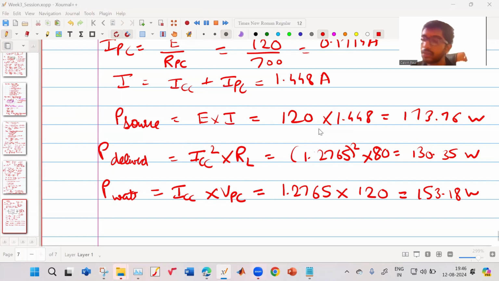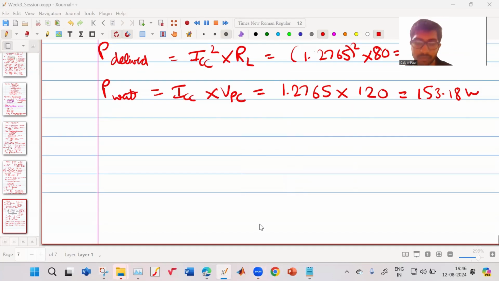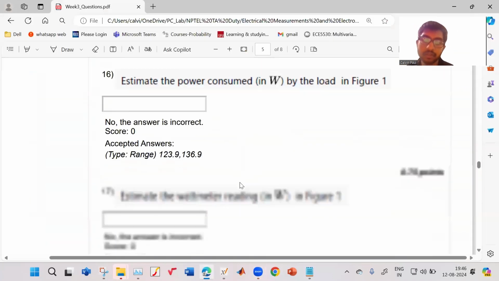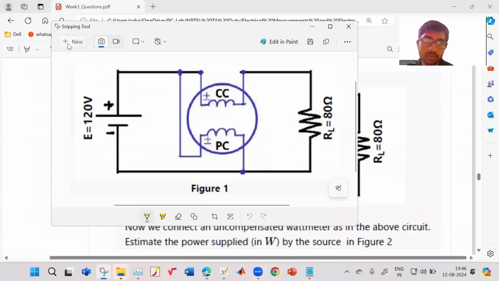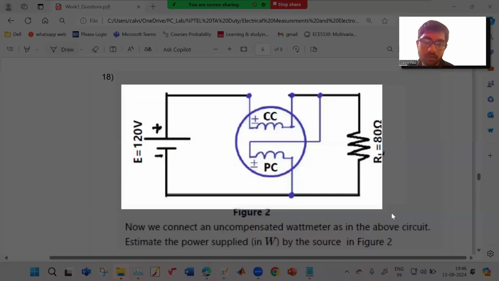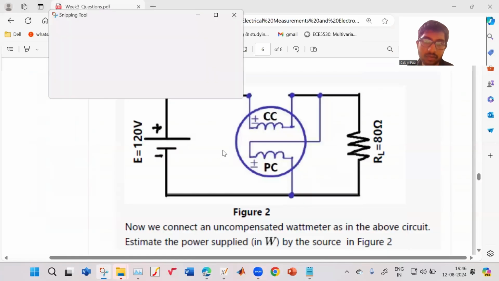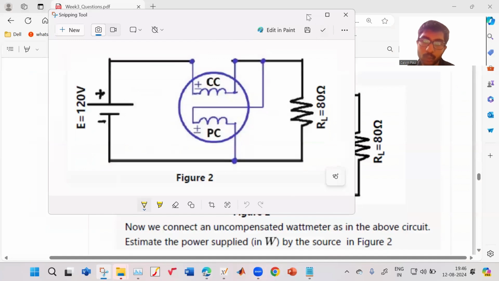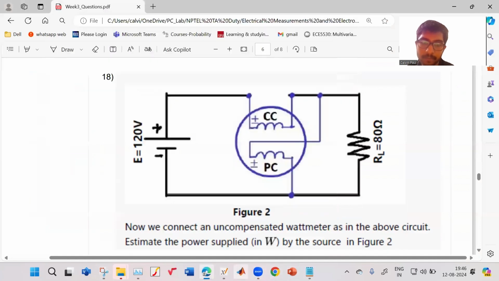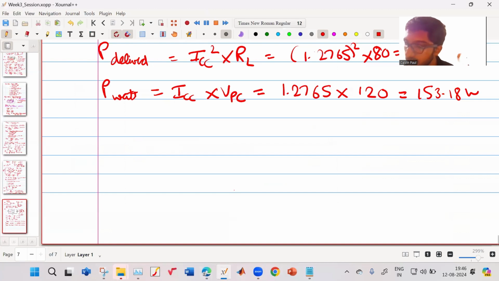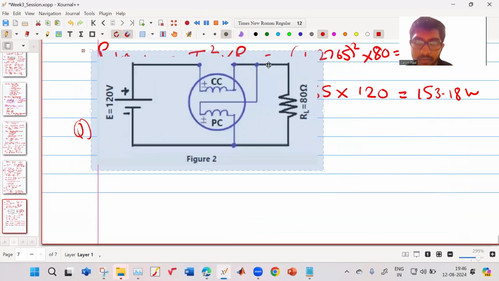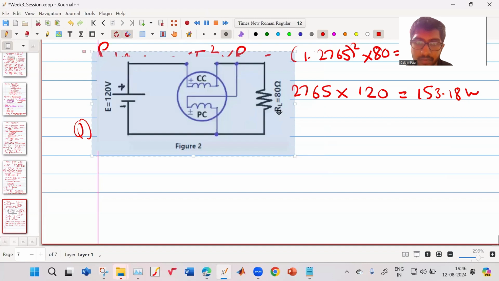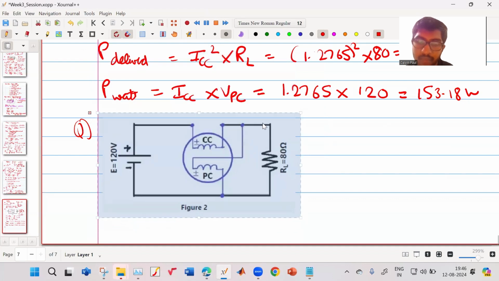Okay. So now what we do is, this is figure 1. In figure 2, it comes out in this format.